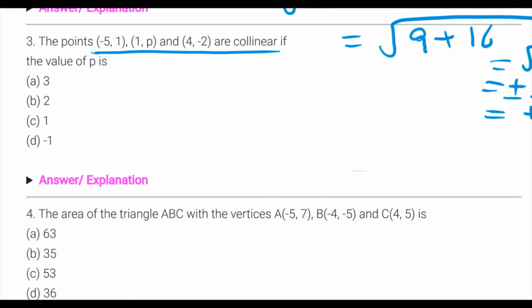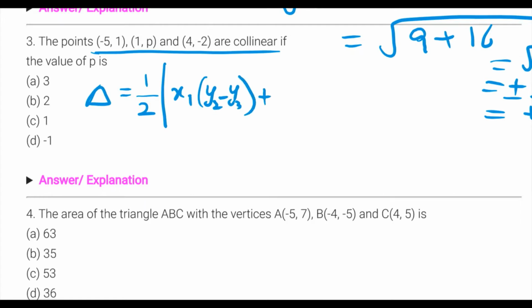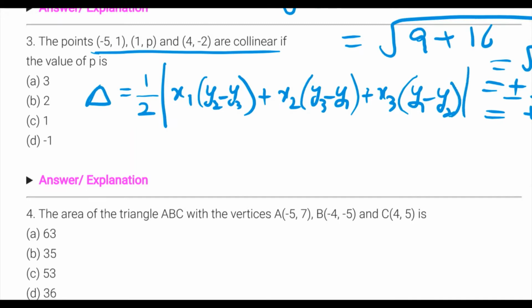The area of triangle ABC formula is given as delta equals half of x1 into (y2 minus y3) plus x2 into (y3 minus y1) plus x3 into (y1 minus y2). So this is the formula for area of triangle, and this should be equal to 0 for the 3 points to be collinear.